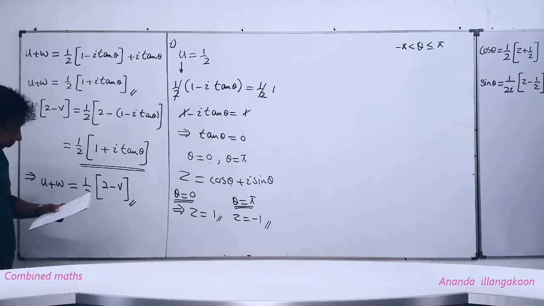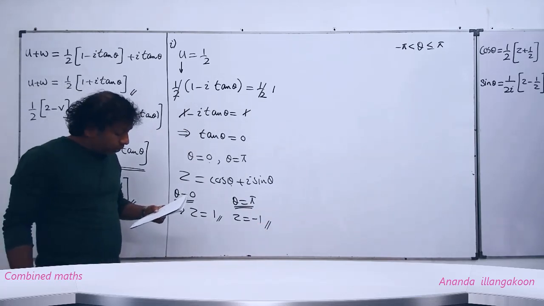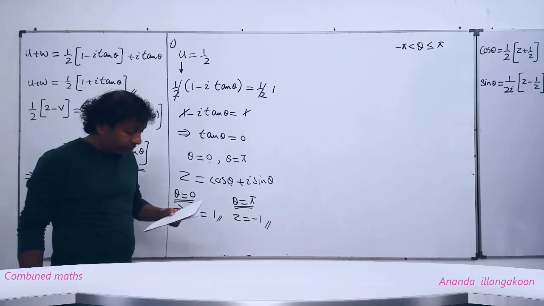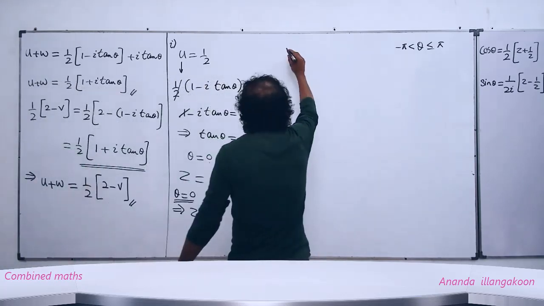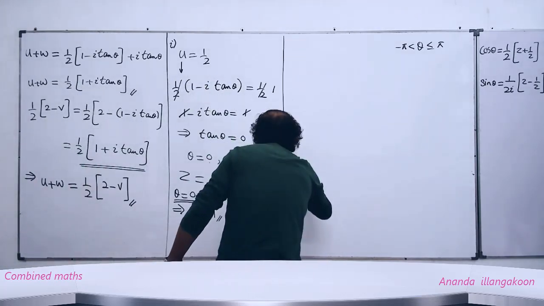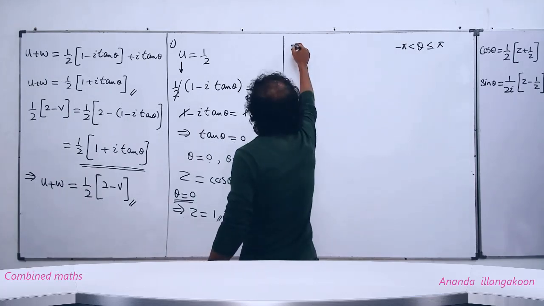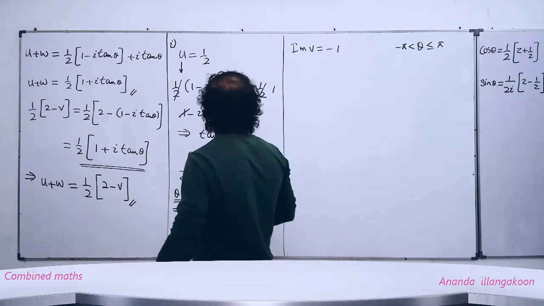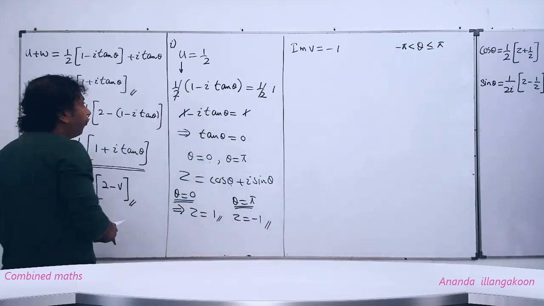Second one. Show that the complex number z which satisfy the equation imaginary part of V is minus 1. Imaginary part of V is minus 1. But what is V, people?